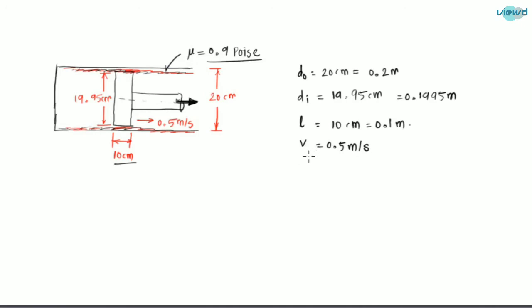And what else is given? Viscosity is given as 0.9 poise. We know that 1 Newton second per meter square is equal to 10 poise. So 0.9 poise is 0.09 Newton second per meter square. We'll write all the units in SI so that it will be easy to calculate.